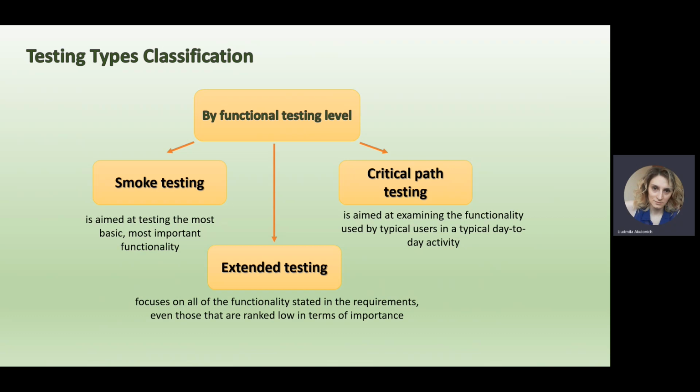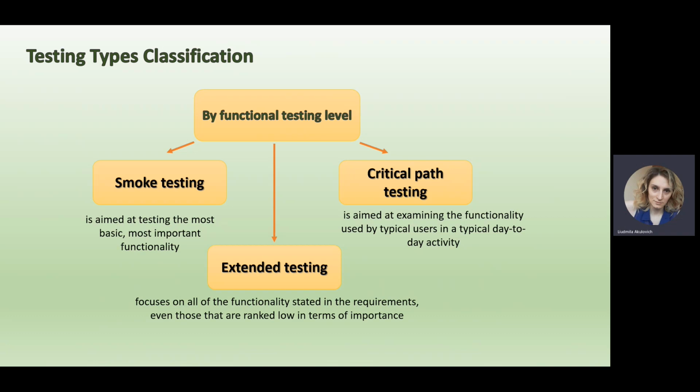Again, if your text field accepts from 1 to 5 symbols, in critical path testing you will try to insert, I don't know, maybe 10 symbols, 7 symbols. But let's be honest, it's quite impossible from the position of a typical user to try to insert, I don't know, maybe in a password field about 5,000 symbols.